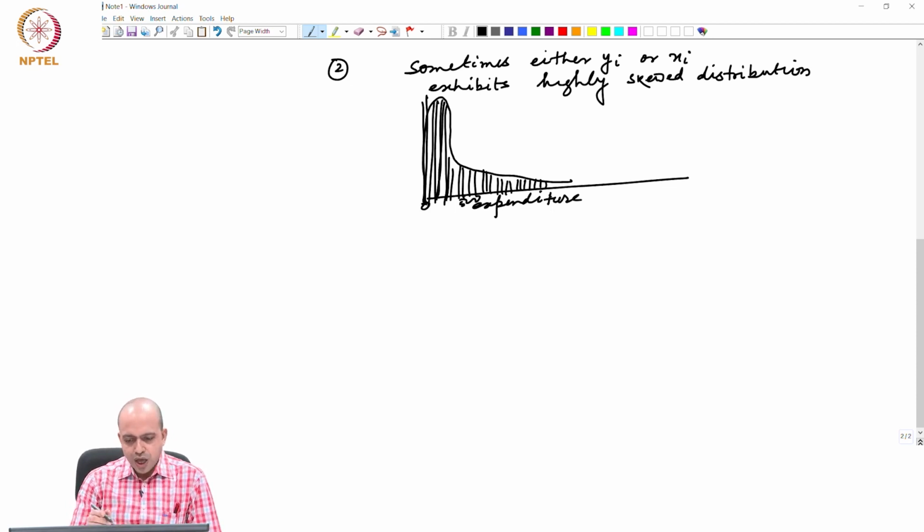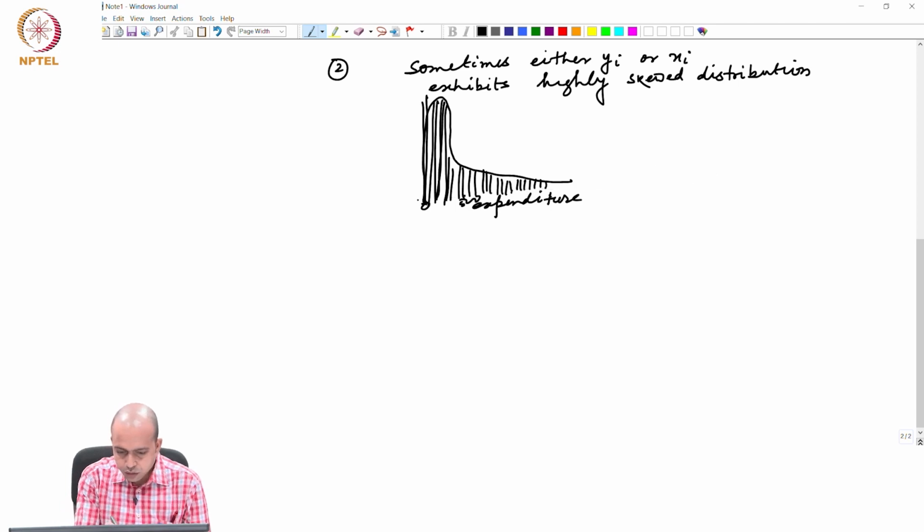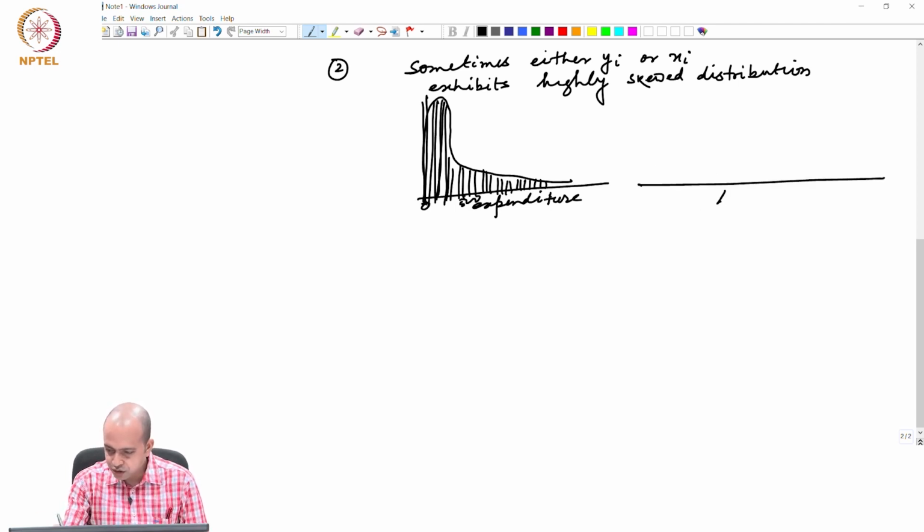And if you transform this expenditure into log, and then plot the log expenditure here, the histogram will look like this.